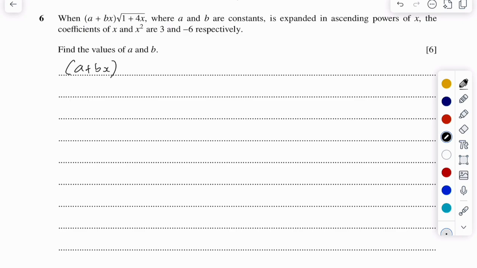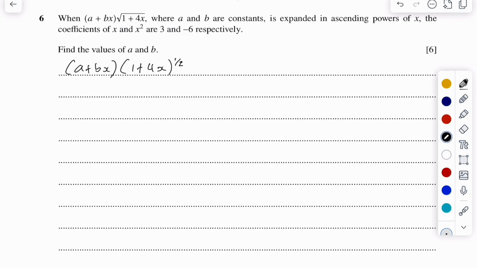Well, we've got a plus bx times the expansion of (1 + 4x) to the power half.